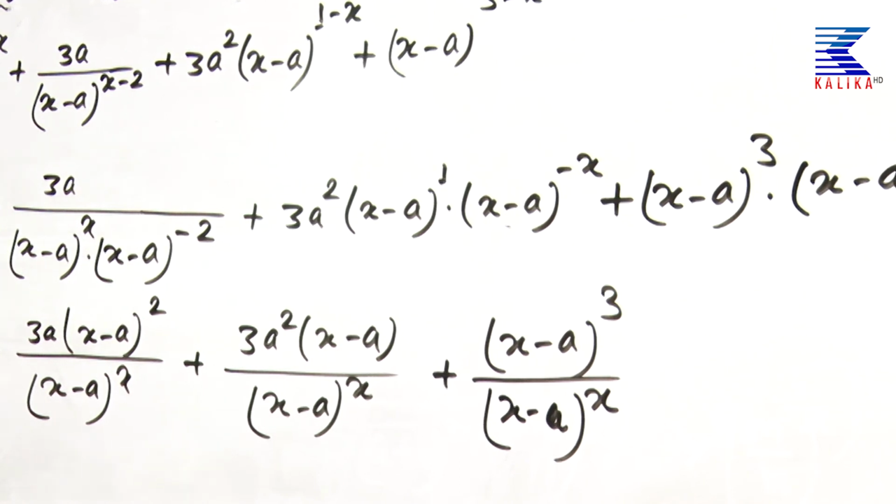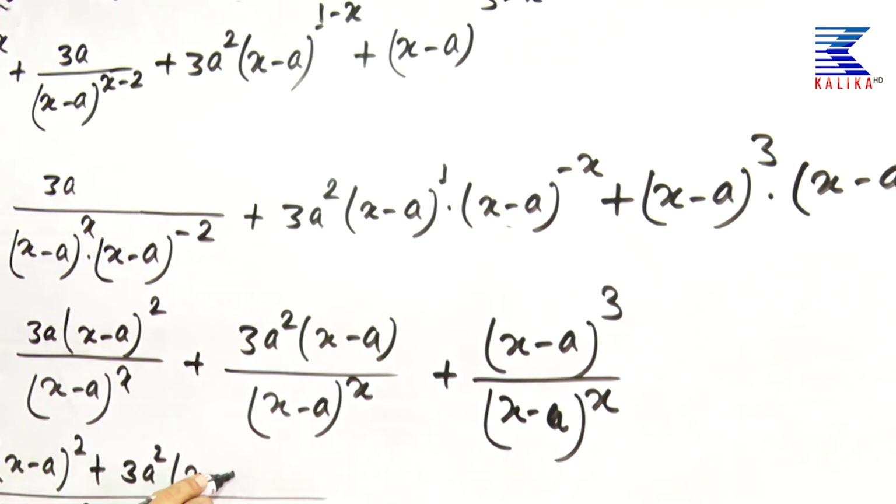Now taking LCM, what is the LCM? (x minus a) to the power x is the LCM, okay. A cube plus 3a (x minus a) whole square, 3a square (x minus a) plus (x minus a) whole cube, okay.